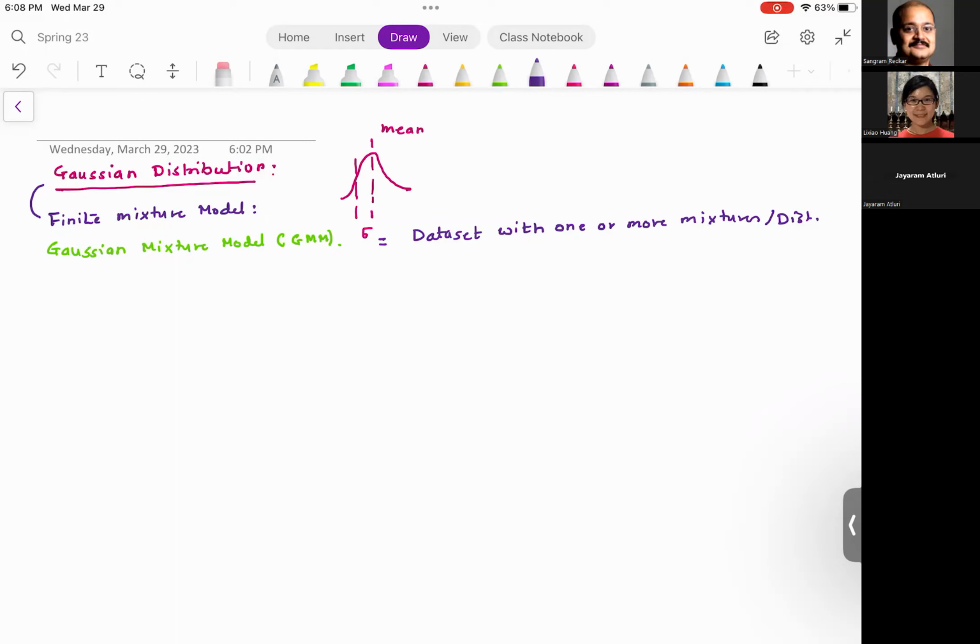The algorithm that is used to perform unsupervised learning on mixture models is called the expectation maximization algorithm, also called the EM algorithm.